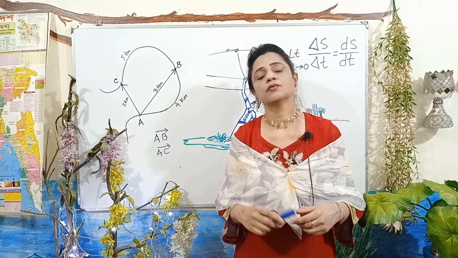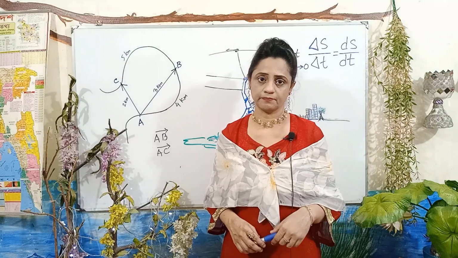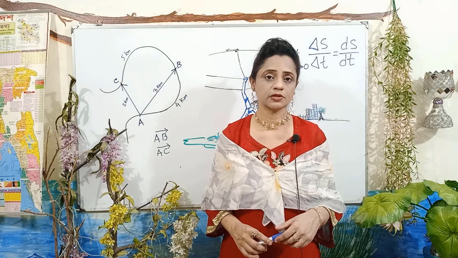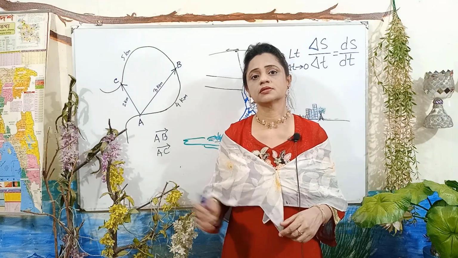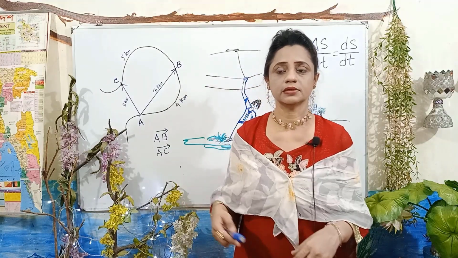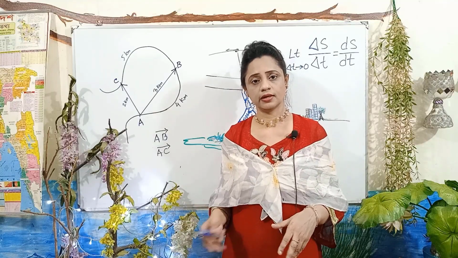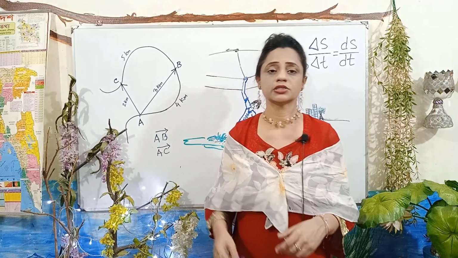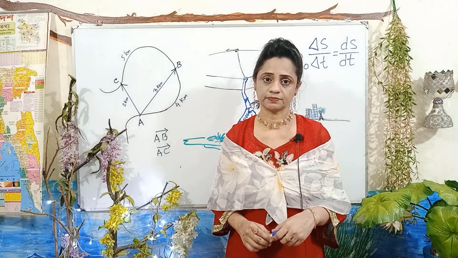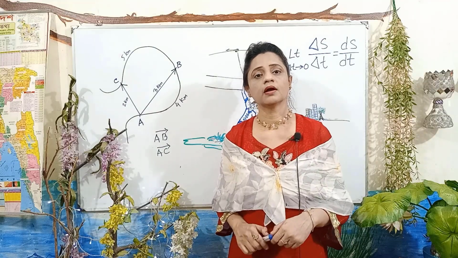Again I am saying velocity is final position minus initial position by time. And here direction is important, in which direction it is moving. It can be east, west, north, south, any direction, but direction has to be mentioned.